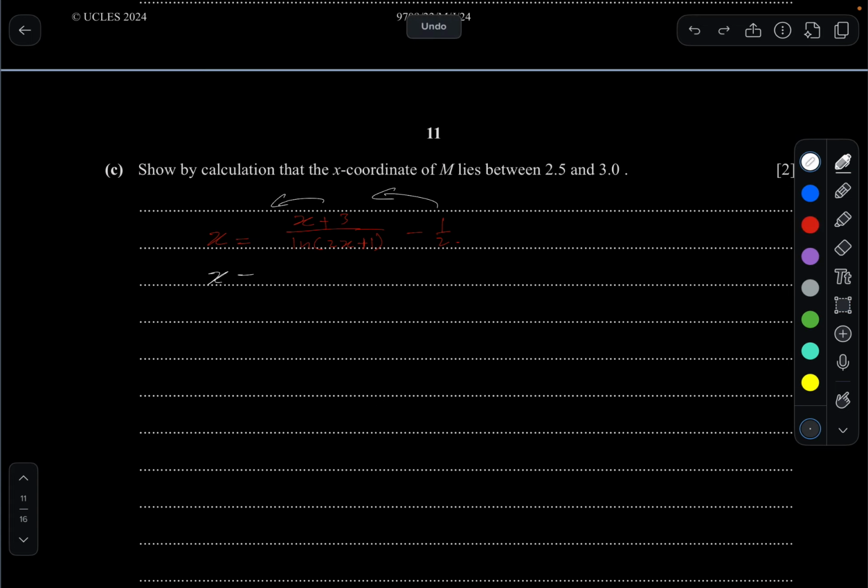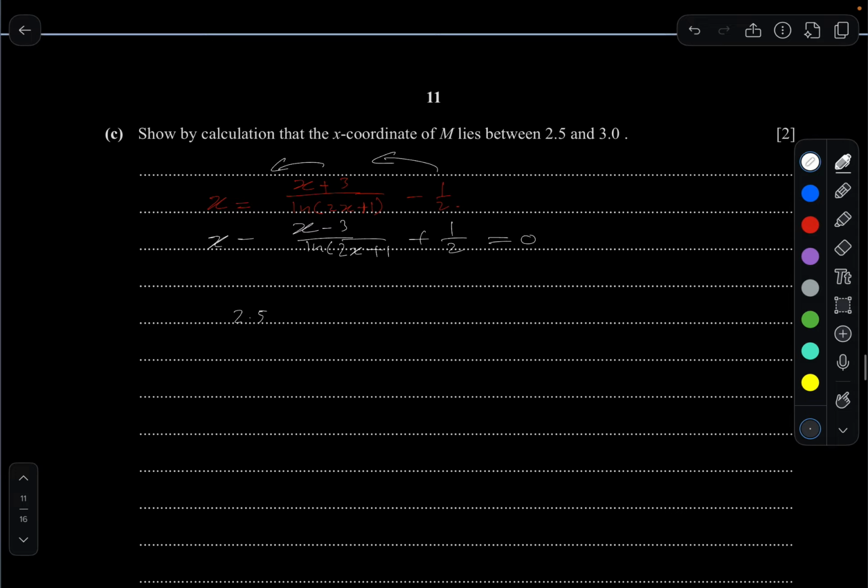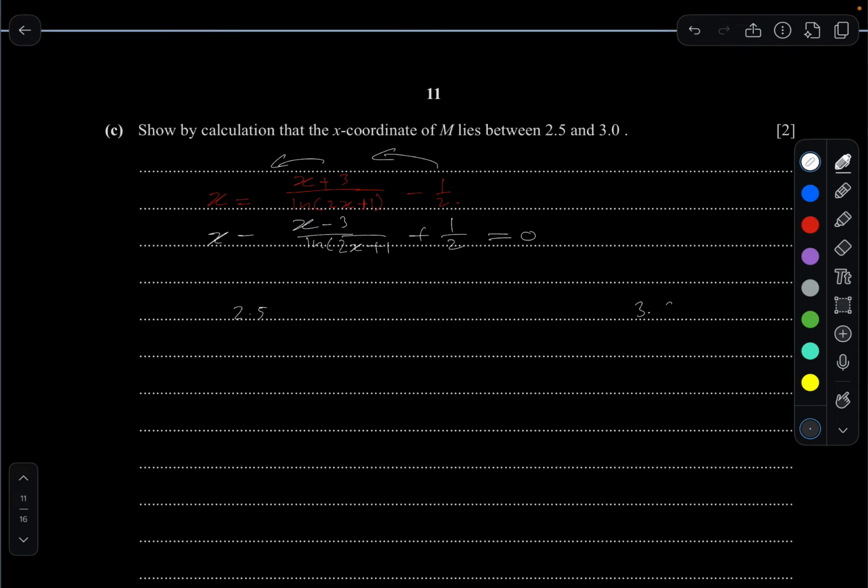So it's x minus x plus 3 divided by ln of 2x plus 1, plus 1 over 2, which results in 0. So what are you looking for? If you put 2.5 and then 3.0, you're looking for a sign change, right?